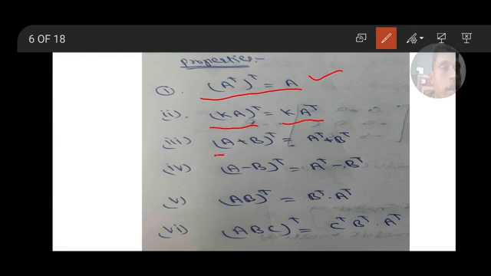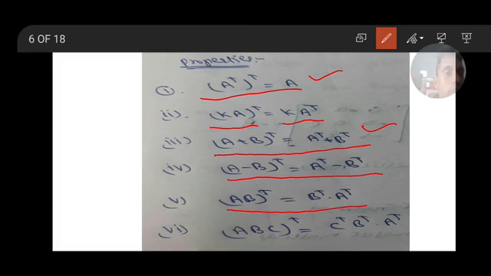Next, third one, A plus B, all transpose equal to A transpose plus B transpose. A minus B, all transpose equal to A transpose minus B transpose. Next, AB all transpose equal to B transpose into A transpose. Suppose multiplication ABC all transpose equal to C transpose into B transpose into A transpose.